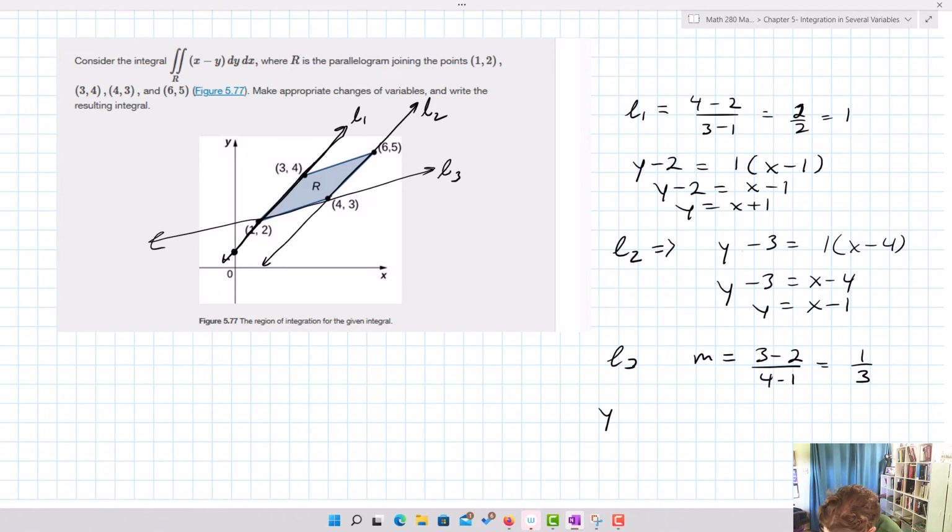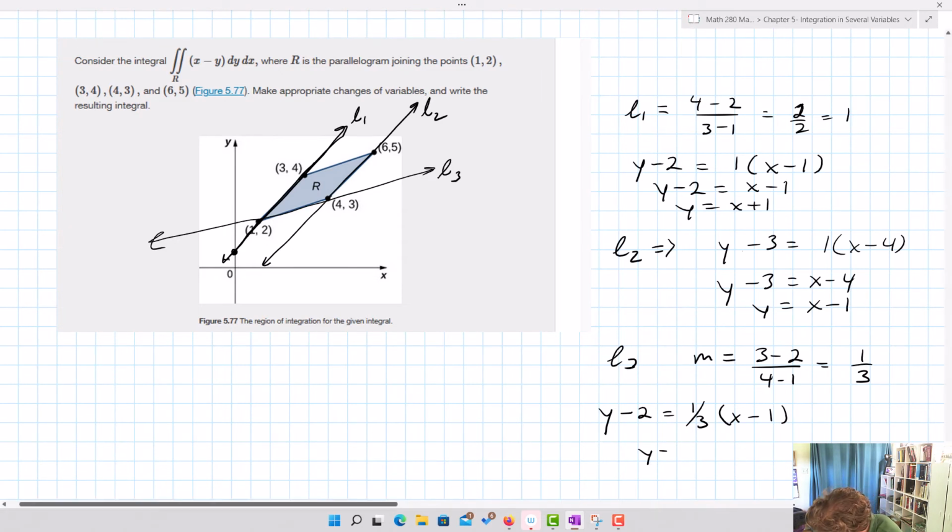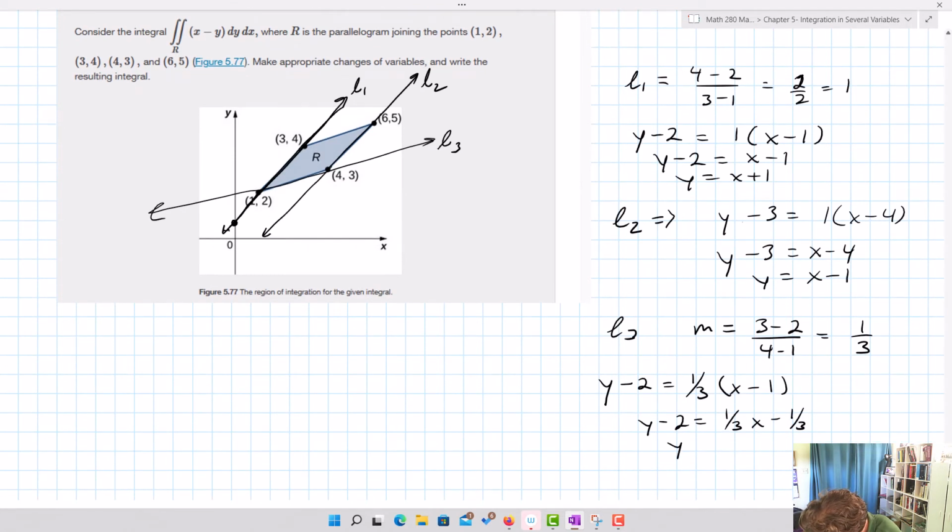So the line, using point-slope form, is y minus 2 equals 1/3 times x minus 1. So that's y minus 2 equals 1/3 x minus 1/3. So y is going to equal 1/3 x plus 5 over 3.